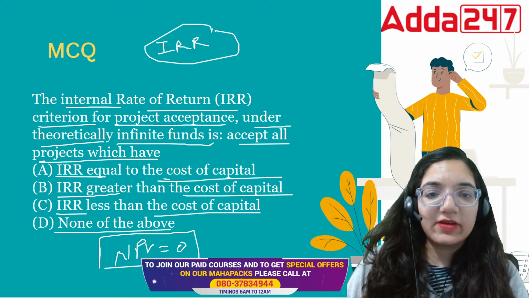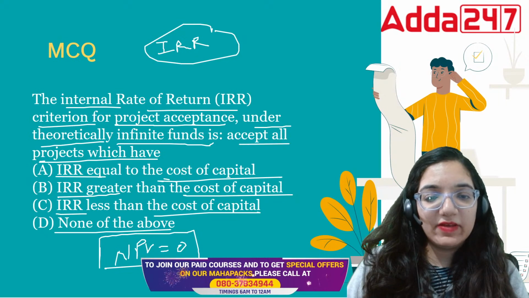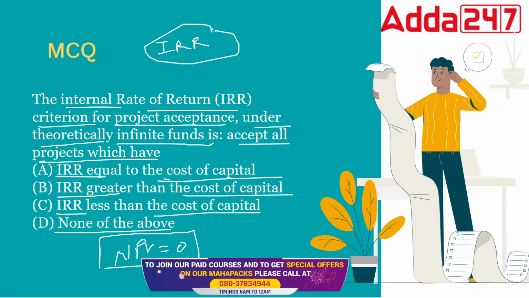Internal rate of return is basically the return that we expect. And cost of capital is the amount that they are promising. If our expectation is more, then we won't accept it. I won't accept something where what they are giving me is less and what I want is more.